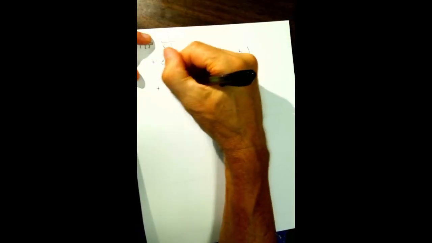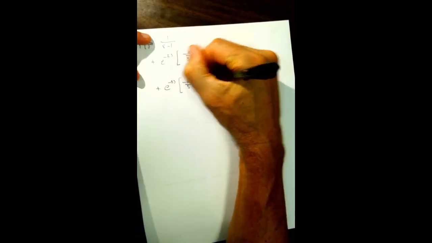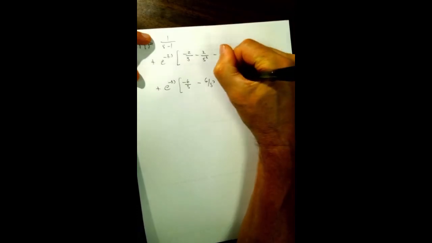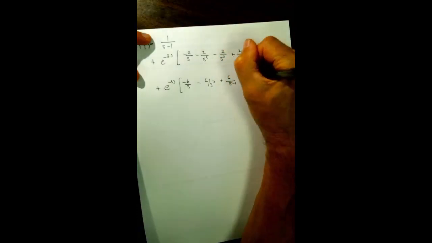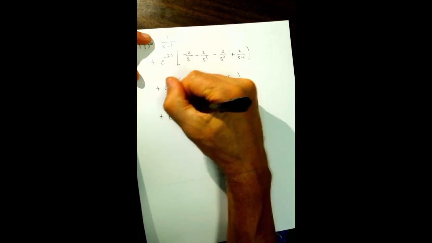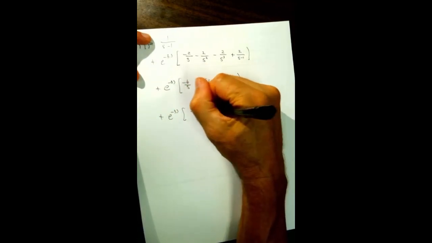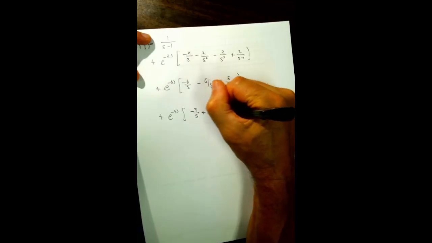Then we have plus e to the minus 3s times minus 6 over s, minus 6 over s squared, plus 6 over s minus 1. And then finally, plus e to the minus 3s times minus 9 over s plus 9 over s minus 1.